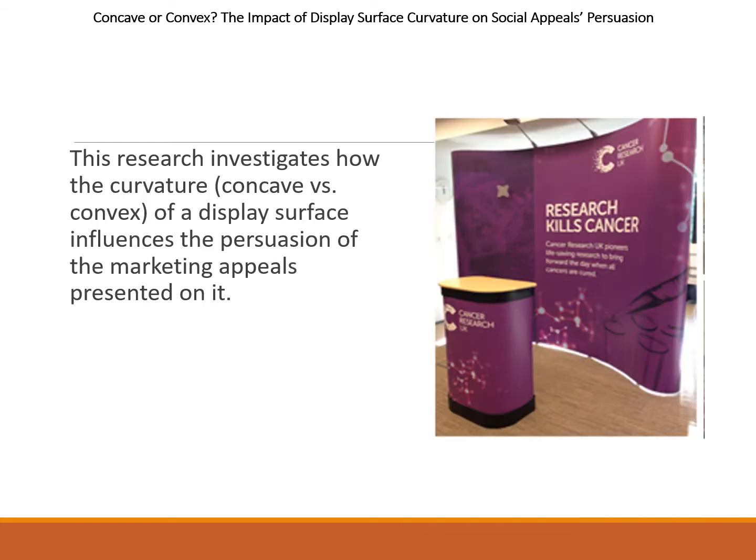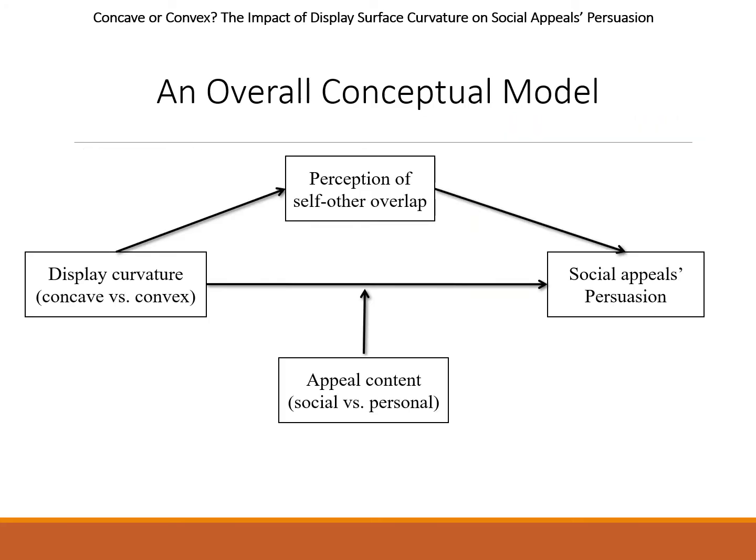So overall, our research aims to fill these gaps by examining the effect of curvature. We investigate how the curvature of display surface, such as concave versus convex, influences the persuasion of the marketing appeals presented on it. This is the overall conceptual model of this research.